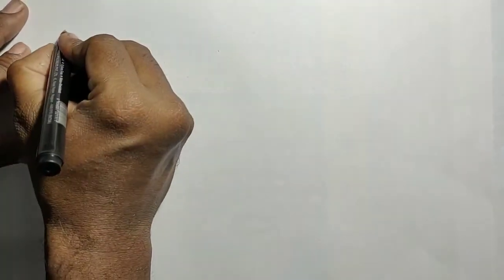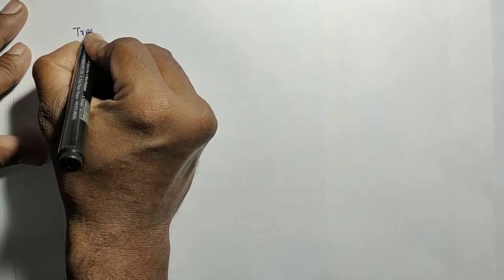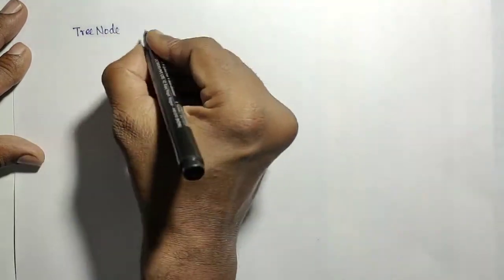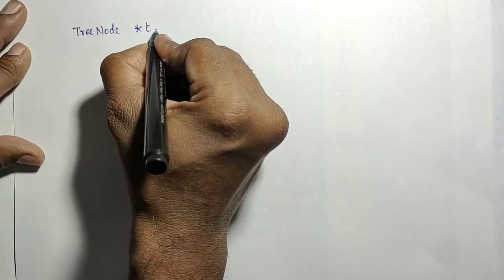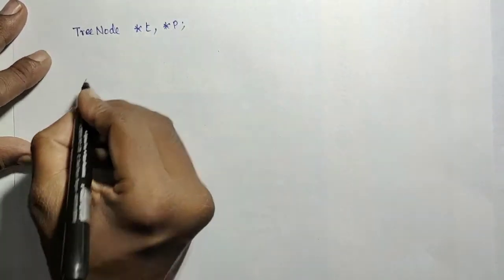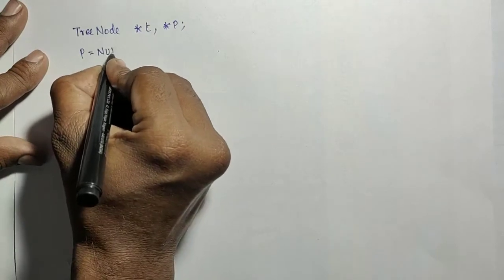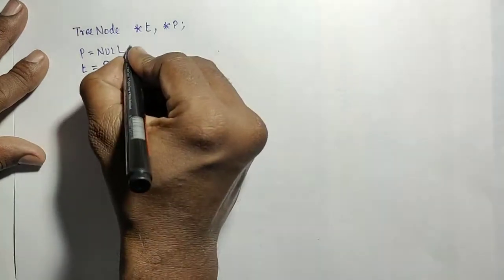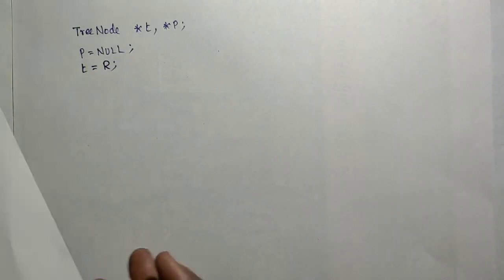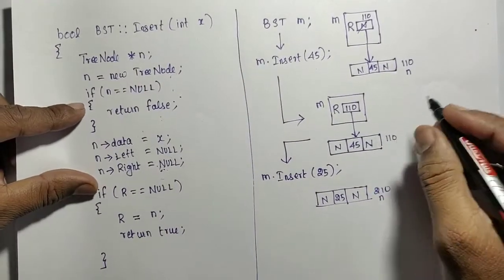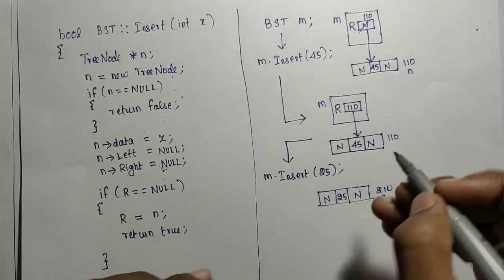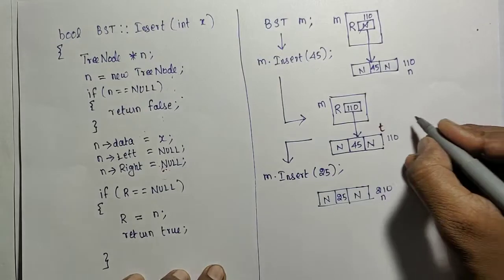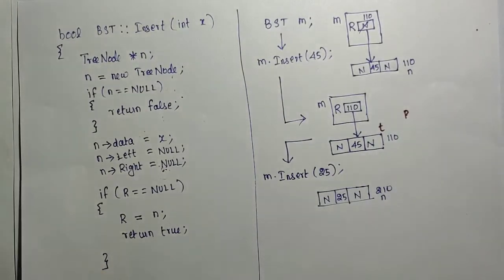So I have to declare tree node star t, and then star p, and p equal to null, and then t equal to root. So in this case, this node is the t, and p is null.